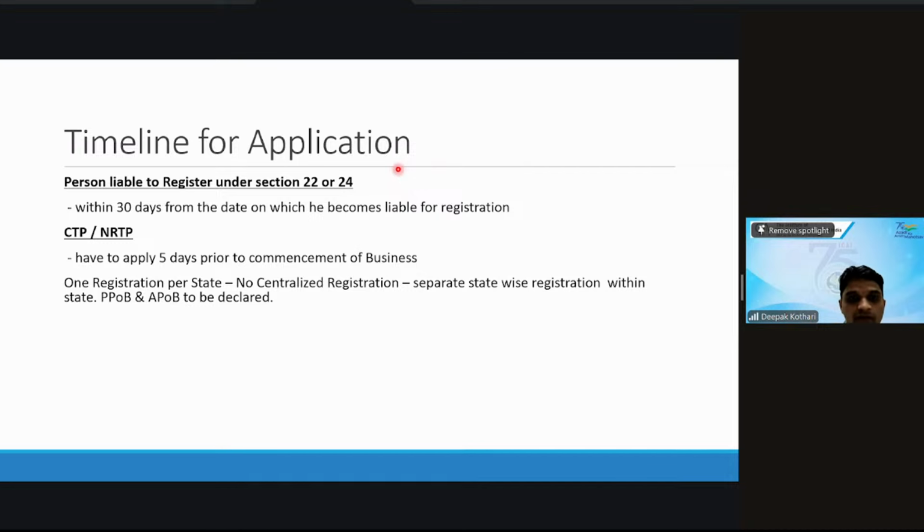Okay. So principal place of business and additional place of business will come in the registration certificate itself. Which principal place you want, that principal place will come as principal place of business, and all other branches will come as additional place of business. But if you're saying, no, I need separate registration for that branches, then you can take separate registration.